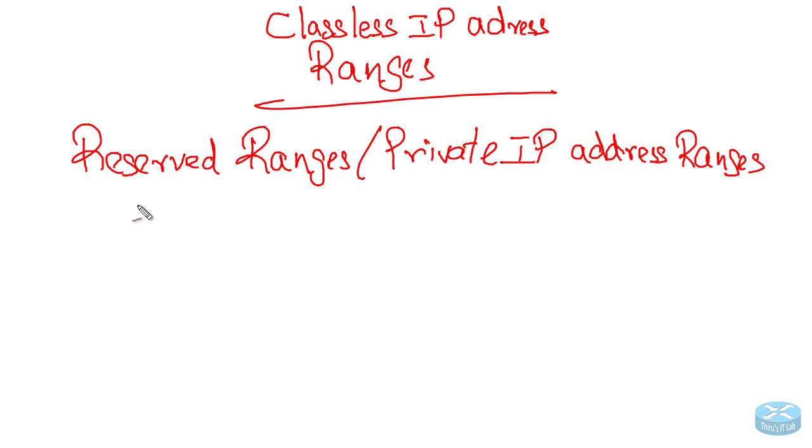Also, these are called RFC 1918 private IP addresses. RFC is called request for comments.